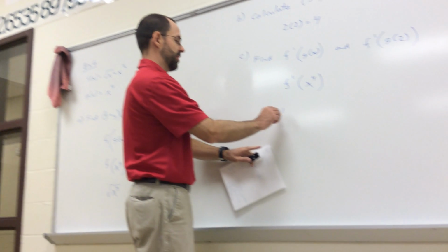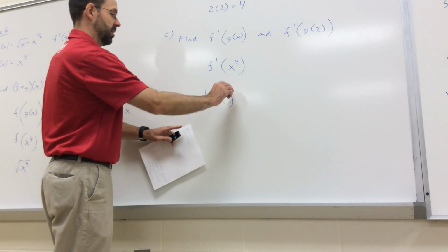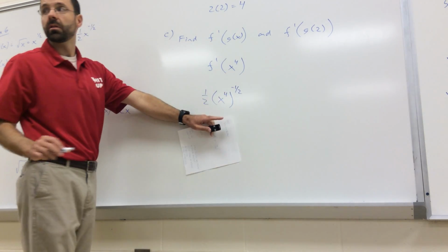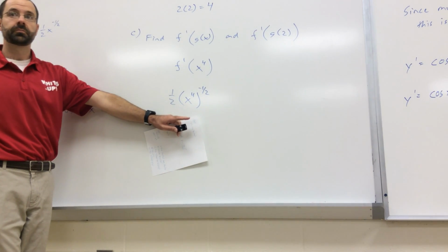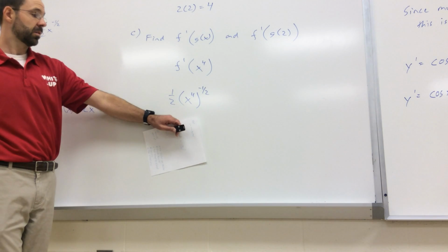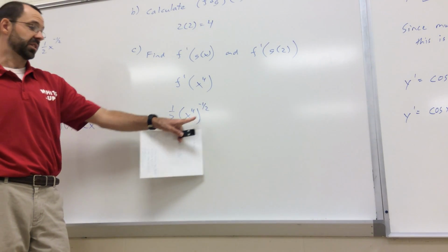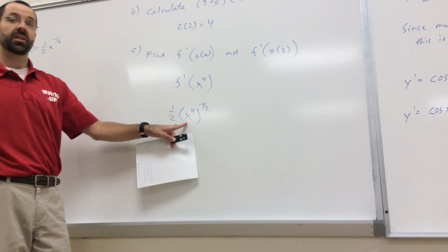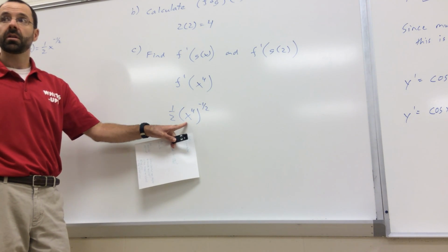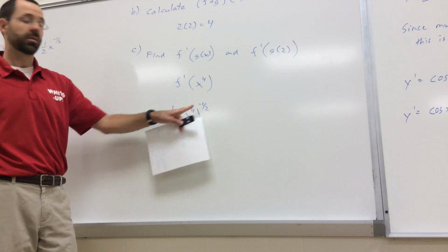So that's 1/2 times x to the 4th to the negative half. So then I need to take the square root of x to the 4th, because that's what the half power means. So that's x squared. And then the negative means take the reciprocal of it.